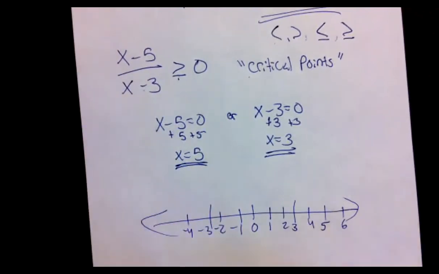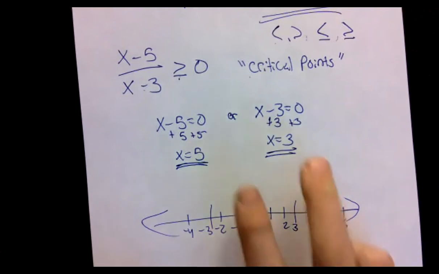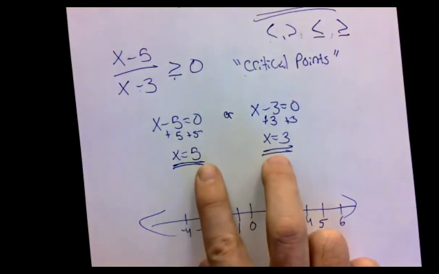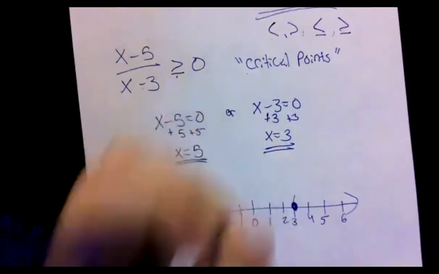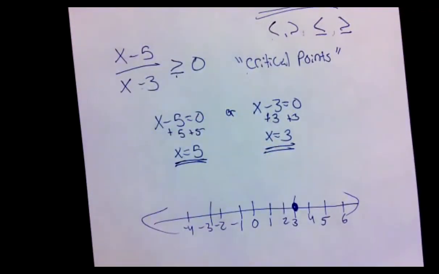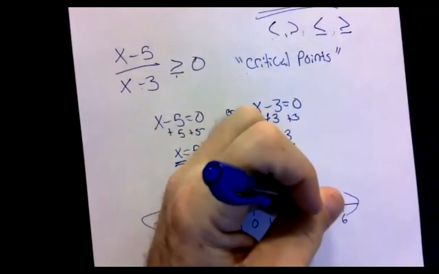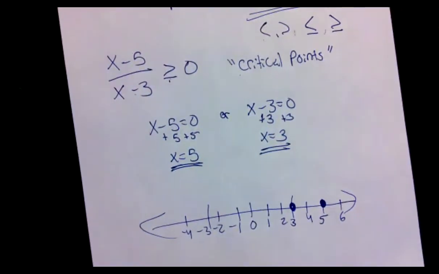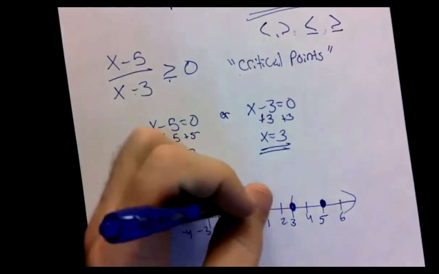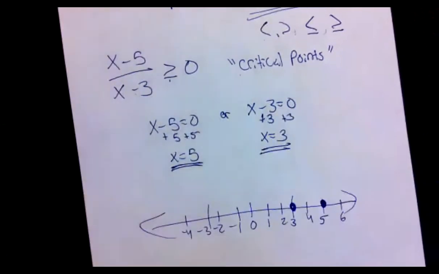Okay. So if we're talking about a number line, these are two critical points on the number line. So at 3, we're going to have a critical point. And at 5, we're going to have a critical point. What we want to know is what happens on either side or in between those critical points.